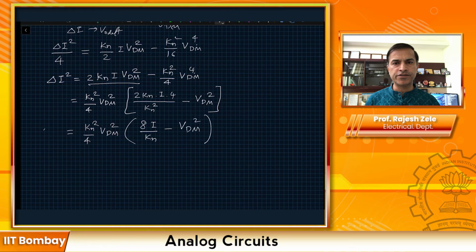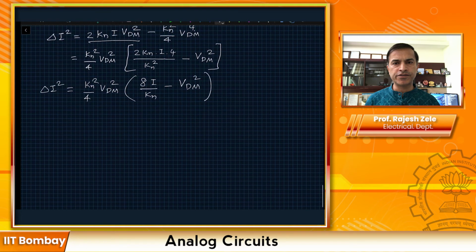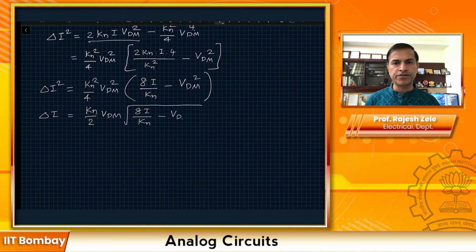So now we can take the square root on both sides, and then you should see delta I will be equal to Kn divided by 2 VDM, because we are taking the square root, and then this is also a square root term, which is 8I divided by Kn minus VDM square. If you look at this expression carefully, this term cannot be negative.